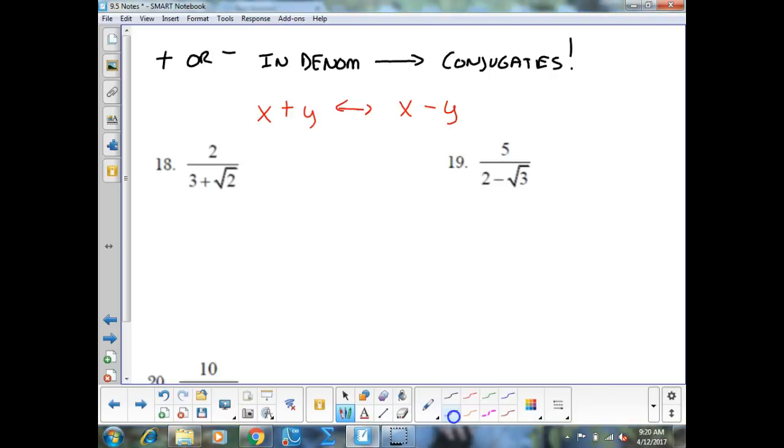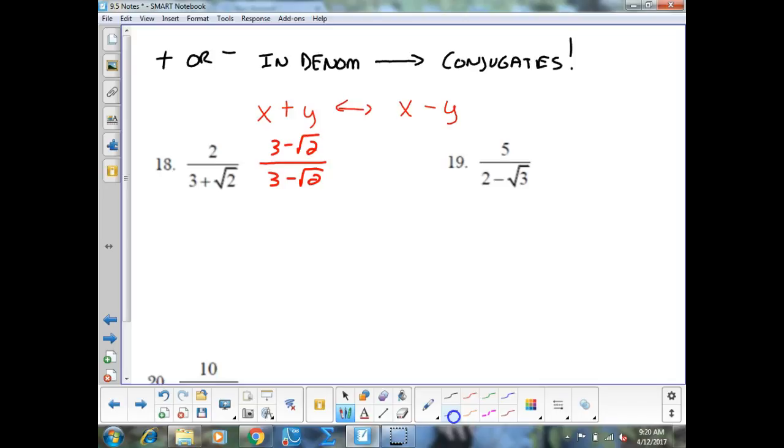So I'm going to multiply by the conjugate. The conjugate of the denominator is 3 minus the square root of 2. But from yesterday, what's the one rule that we have? I can only multiply the whole thing by 1. So if I multiply the bottom by that, I have to also multiply the top by the exact same thing. And now my red fraction is equal to 1.